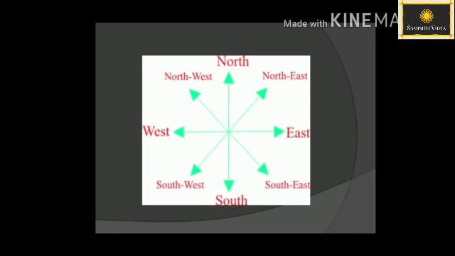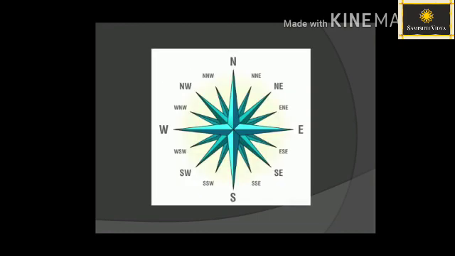Directions are very important and helpful to us, especially to trace a place. Everyone knows that the sun rises in the east. Opposite to it is west. Right hand is always south and left is north. The cardinal directions, the direction midway, are intermediate directions.